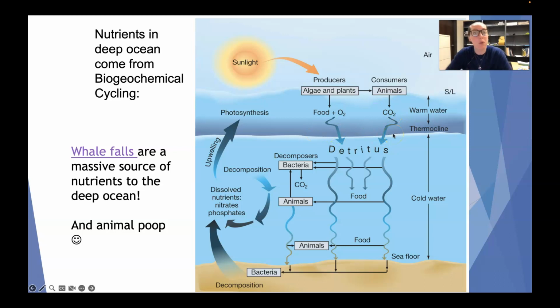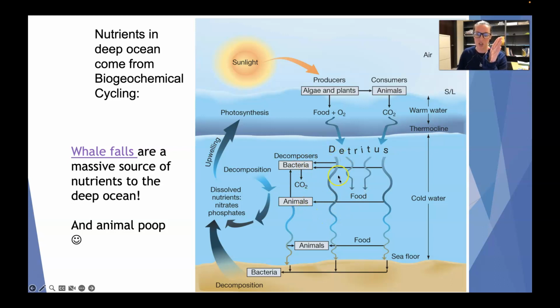And everybody poops, or when things die and break down, they float down, and we call that detritus. It's basically the fancy science word for poop, but there's more to detritus than just the dookie. But all of this detritus eventually gets decomposed by bacteria and maybe even other animals.